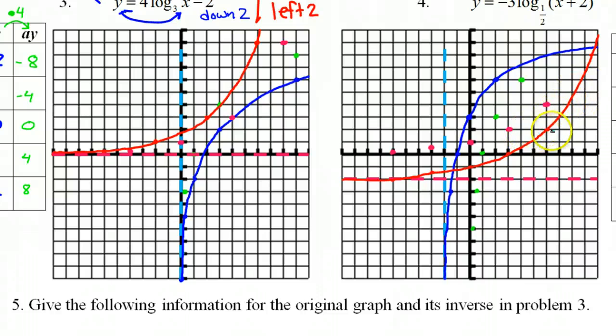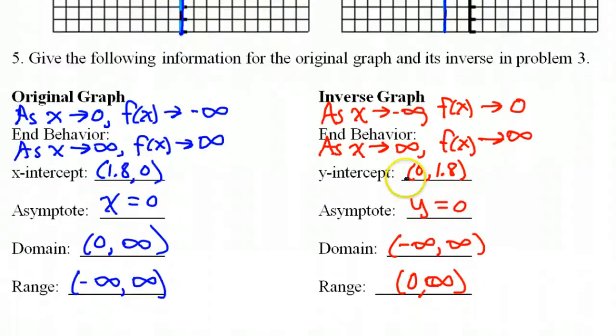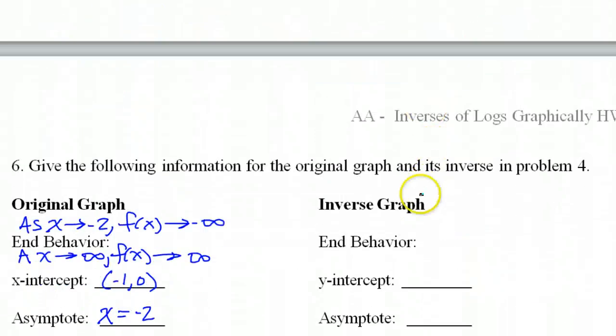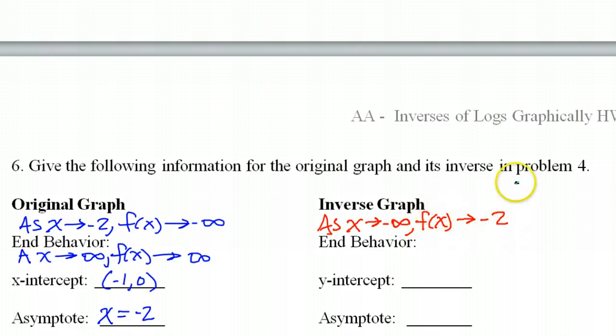As we go to the left, the graph approaches the asymptote. So as x approaches -infinity, the function approaches -2. So that's the end behavior there. Think y values. The y values approach -2.